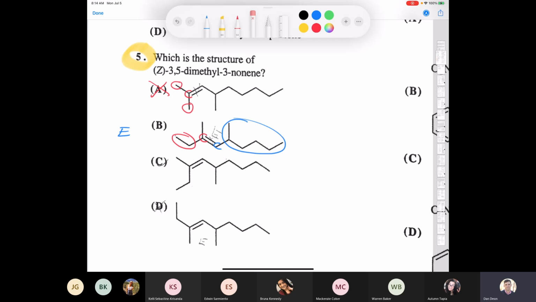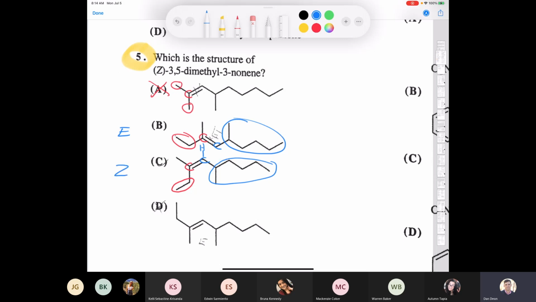If we look at C, if I label this carbon in red and this carbon in blue, you can see that the highest priority group on the red carbon is the ethyl group. The blue carbon has a hydrogen up here, which isn't shown, it's a bond line structure, but it has this big group over here, which is on the same side of the double bond as the ethyl group.